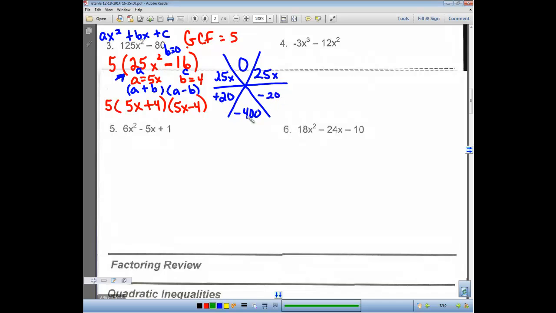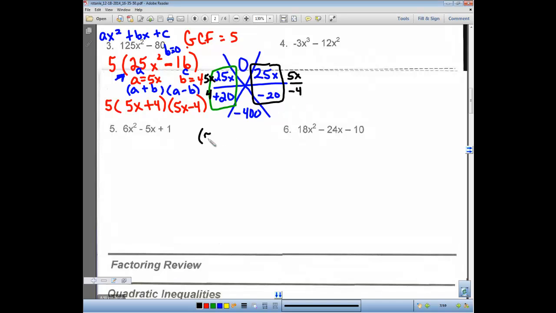Now let's reduce our fractions. In this first one, 5 goes into 25x 5 times. 5 goes into 20 4 times. And the second fraction over here, 5 goes into 25 5 times. 5 goes into negative 20 negative 4 times.